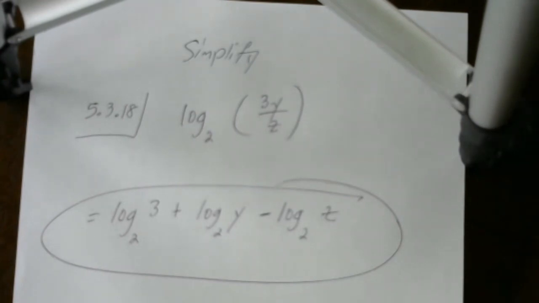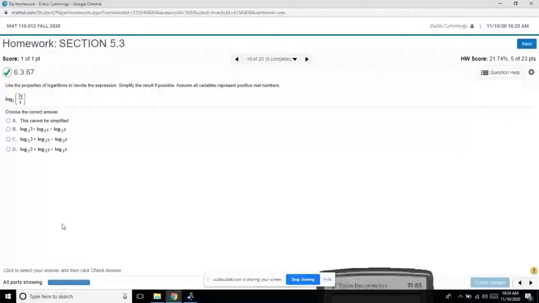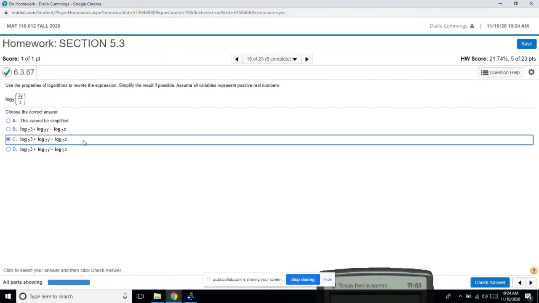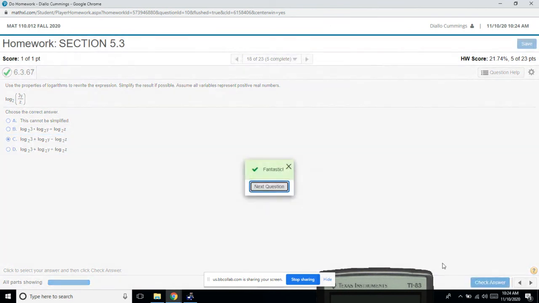So if we go back to our homework problem, this is the log base 2 of 3 plus the log base 2 of y minus the log base 2 of z. So I believe C should be our correct response.